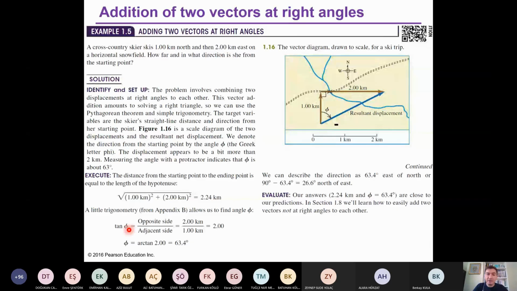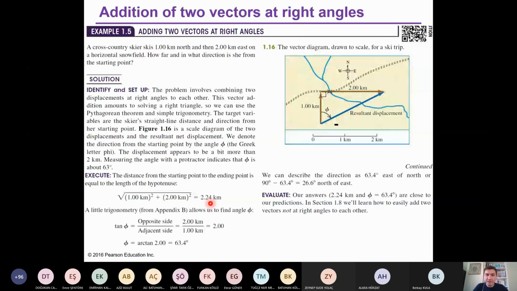You see, units are here, 2 kilometers, 1 kilometer. So the result is unitless because kilometer cancels kilometer. So the result is 2. If tangent phi is equal to 2, then phi is 63.4 degrees. You can do it by calculator.